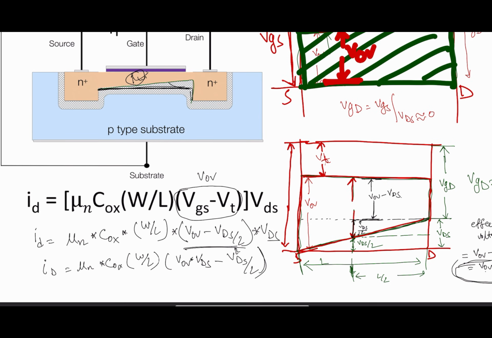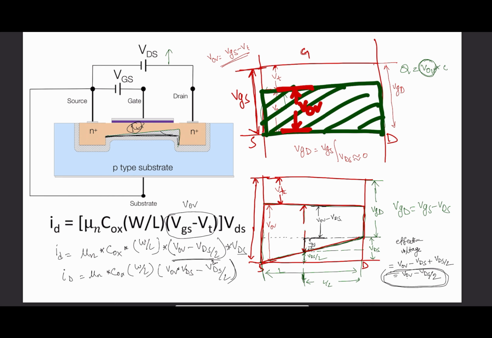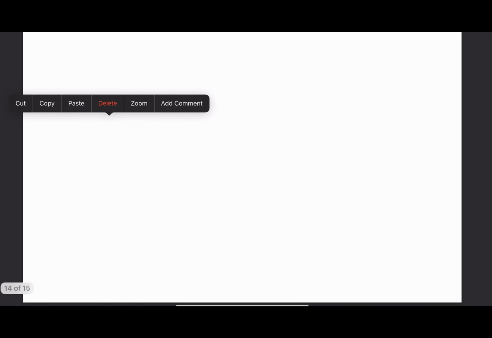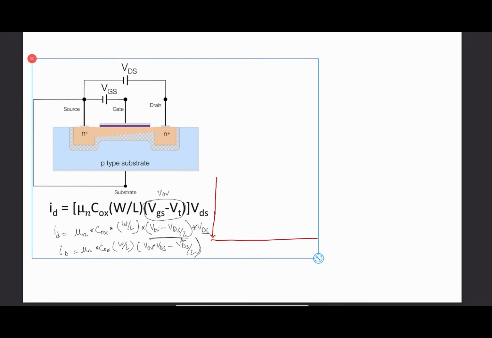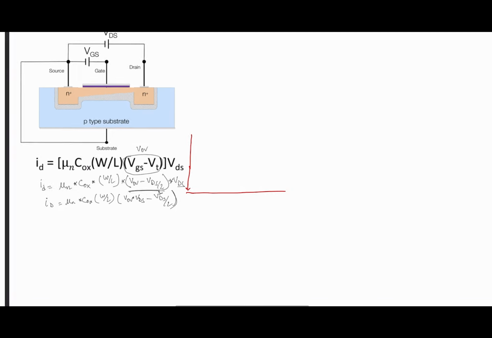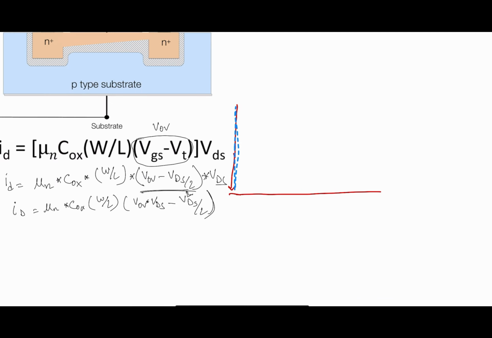Now I think you can easily understand why the current ID will change when we increase the VDS.